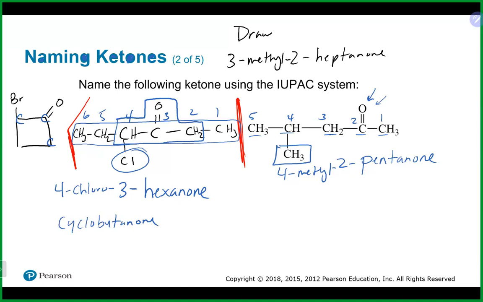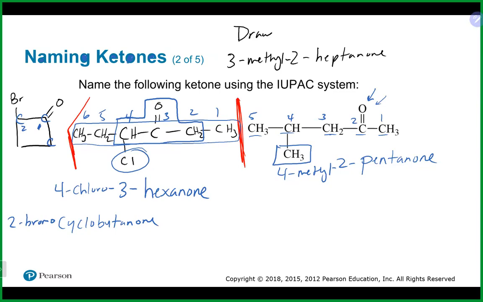Although we do not need to give the location of the carbon-oxygen double bond, it should be carbon number 1 for numbering purposes. To get to our bromine here, hang a left, which seems like the shortest distance to get there. So that would put our bromine at carbon number 2, and that would get us 2-bromocyclobutanone. Any questions on any of those names there?